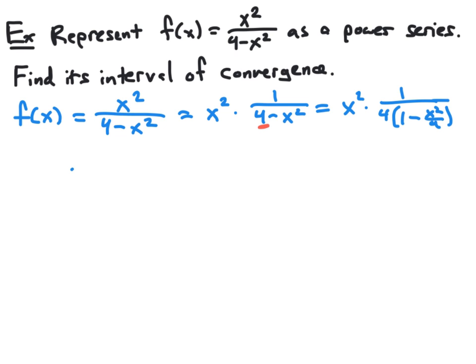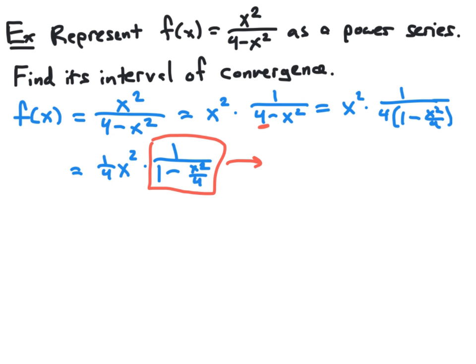Of course, we can now bring the 4 out in front, and so we're going to have 1/4 x squared times the function 1 over 1 minus x squared over 4. And now we have exactly what we want.